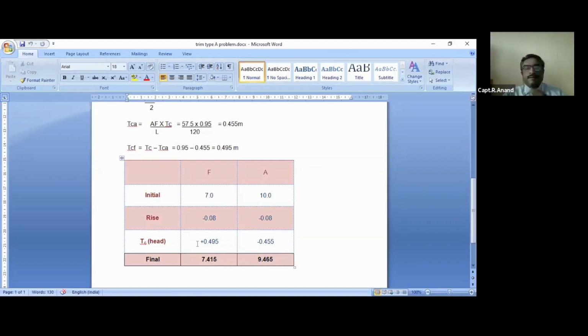So because it is trim change by head, forward trim change plus, aft trim change is minus. So once I apply all these, I'm going to find out the net result, which is my final draft forward and aft. Any doubt?